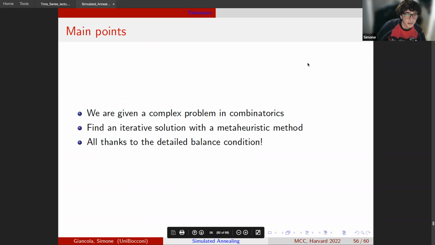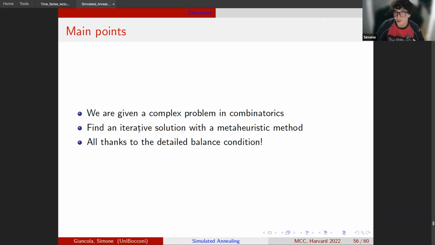So here we find the iterative solution using the property of detailed balance, which is inflow equal to outflow for each couple of nodes. Right. So this is a property of the process. The problem is what the process is applied to. The detailed balance is a property of the transition process.